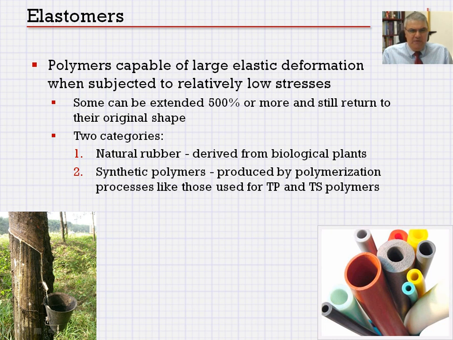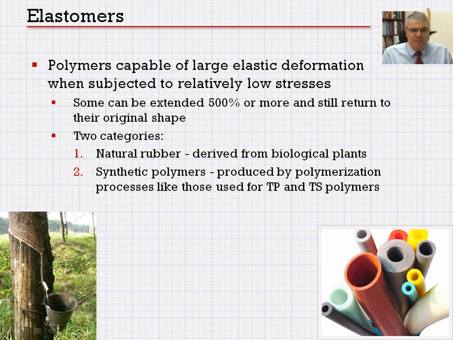There are two main categories of elastomers: natural rubber and synthetic polymers. Natural rubber is derived from biological plants, mostly rubber and other trees whose juice can be extracted. By juice, I don't mean to compare it with orange juice, but the juice of the trunk of the tree, and they extract that and make natural rubber out of it.